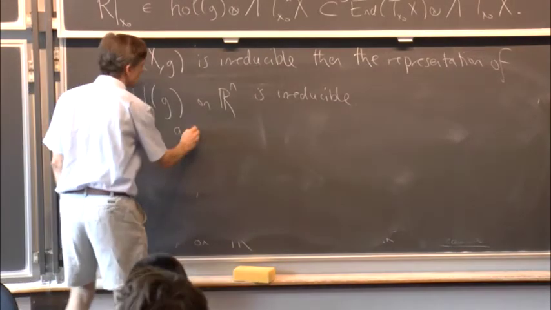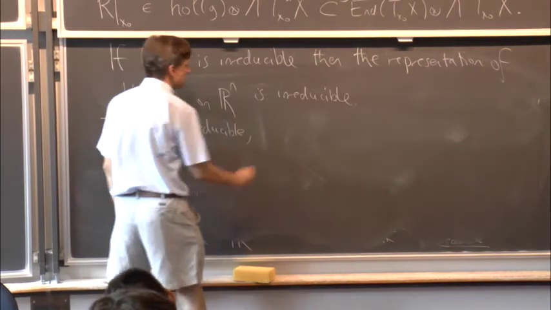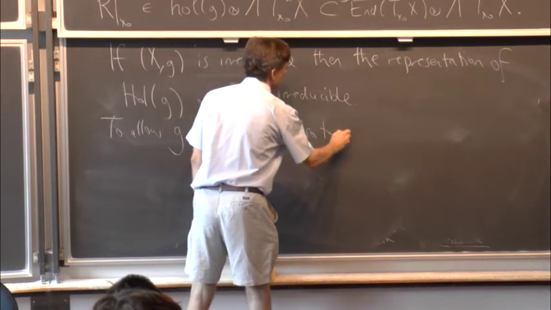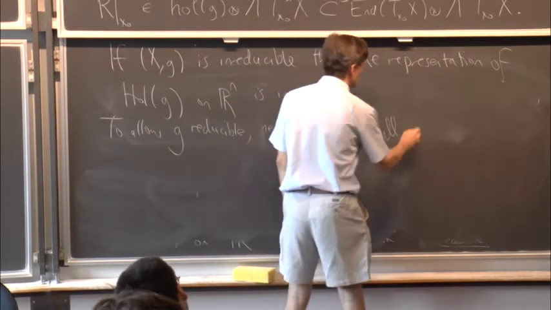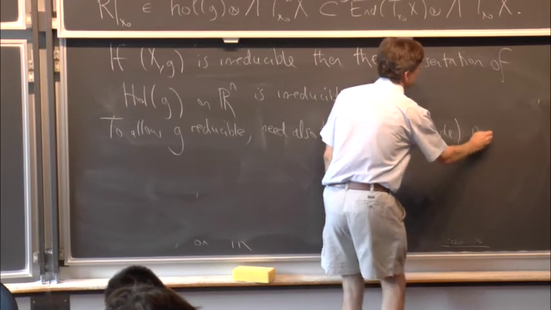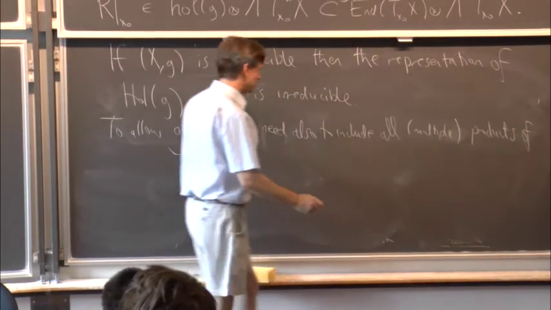G reducible, we'd need to include multiple products of groups on Berger's list.